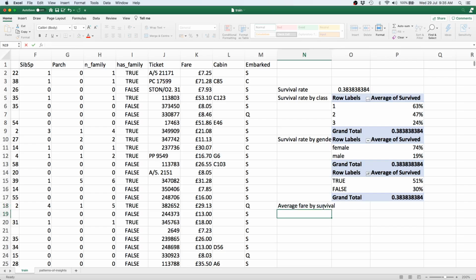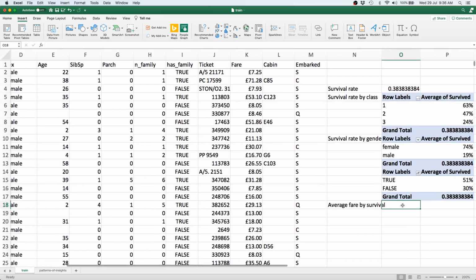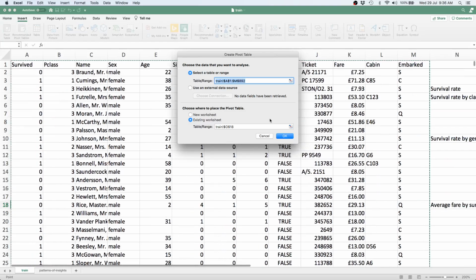survival, and again let's insert another pivot table. So it seems I've messed up the selection, but let's cancel it anyway and let's restart again. I clicked in the wrong place and that messed up the selection.